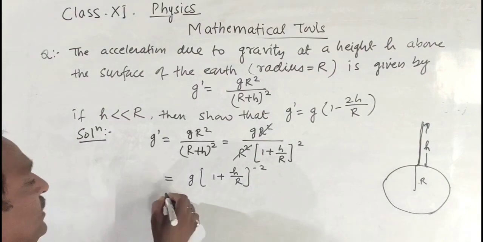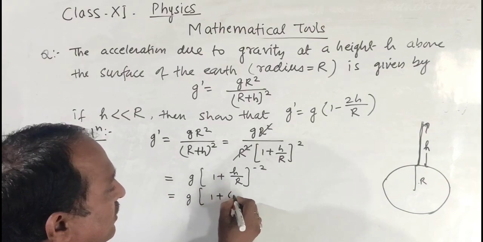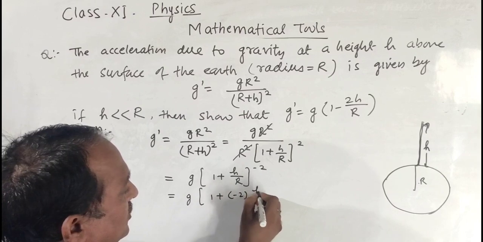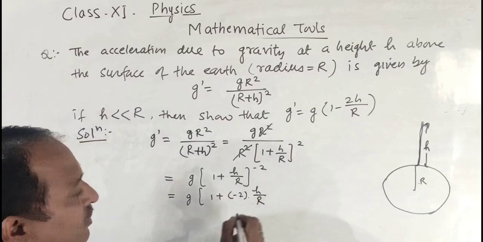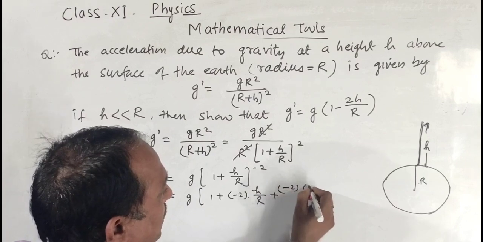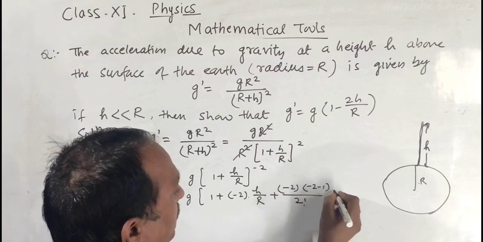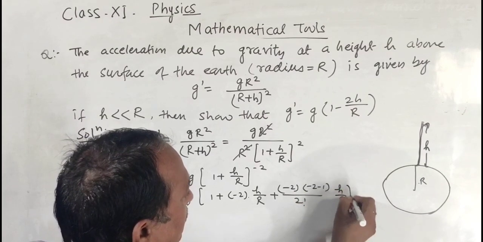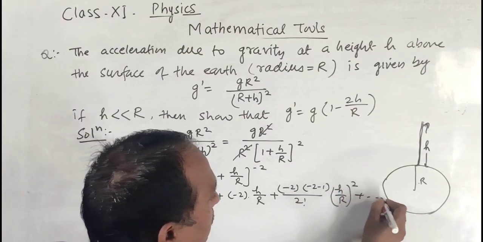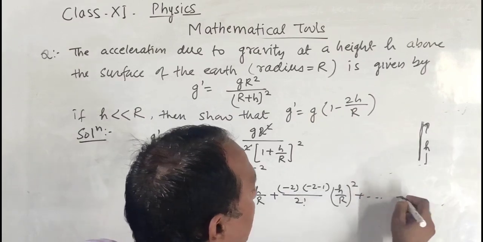So we can write g (1 plus nx, where x means h by r, plus n into (n minus 1) by factorial 2 into (h by r) square, and so on. It will continue like this.